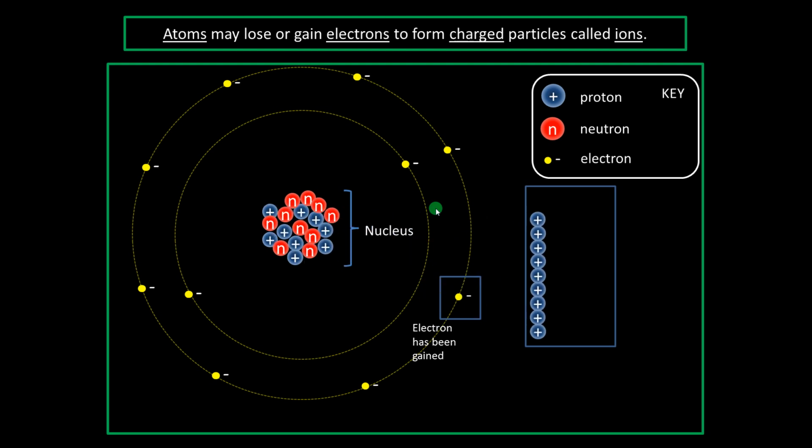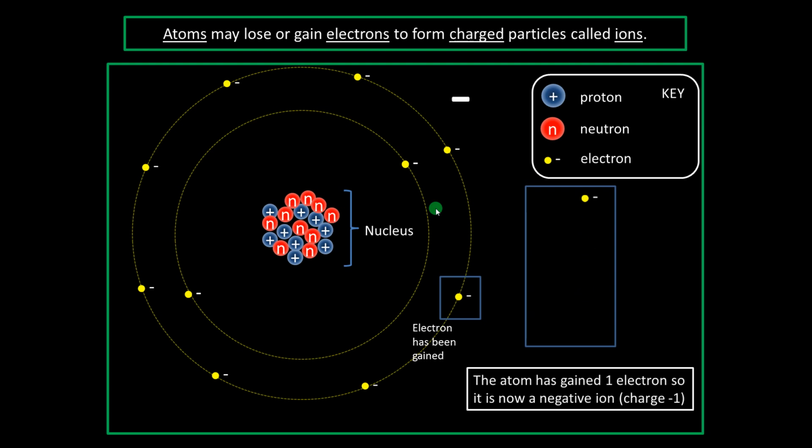Line up the protons, line up the electrons, and this time we can see all those pairs disappear and 1 electron left over. So this atom has gained 1 electron and is now a negative ion. And we can see the negative charge go up there. We don't write -1. The number is only used if you have multiple charges gained or lost.